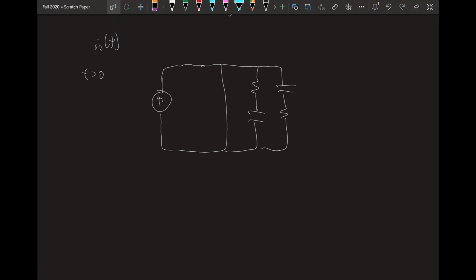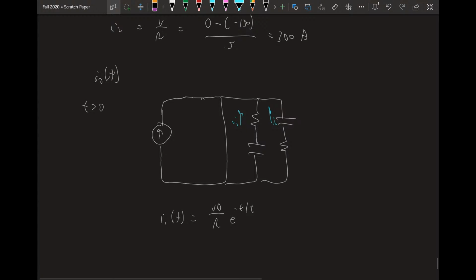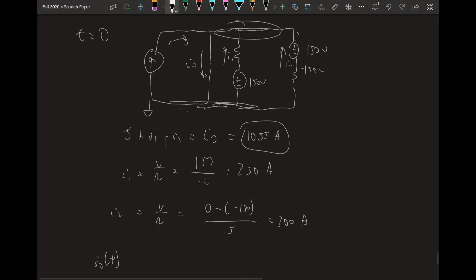So if I can treat each of them as a separate natural response, I can apply the formulas I know. So here's I1, here's I2. I can say that I1 as a function of time equals V naught over R e to the negative t over tau. Tau is RC. If you remember correctly, this is a 0.2 ohm resistor, and this is a 1 microfarad capacitor, I think.